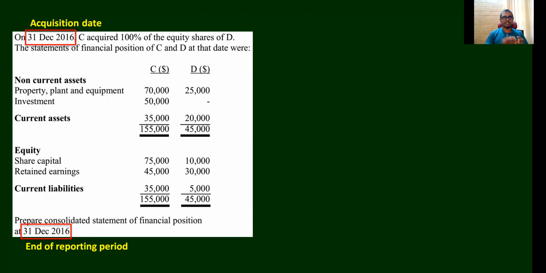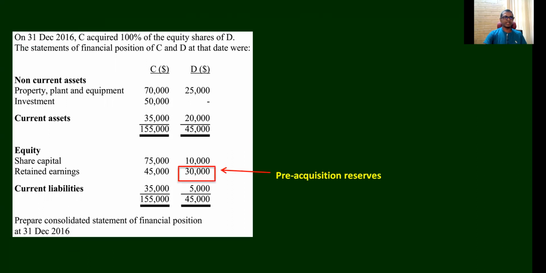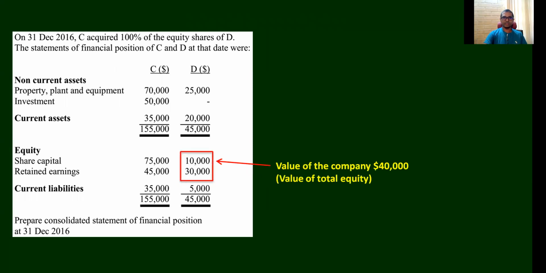Otherwise it will add further complexities. We'll be discussing those complexities with later examples. Okay, so acquisition date same, and pre-acquisition reserves here 30,000, value of the company 40,000, right?